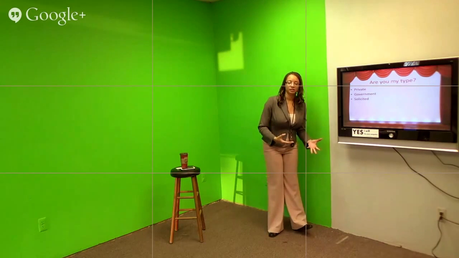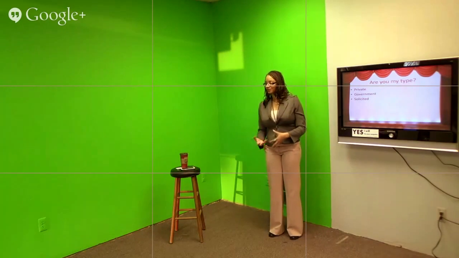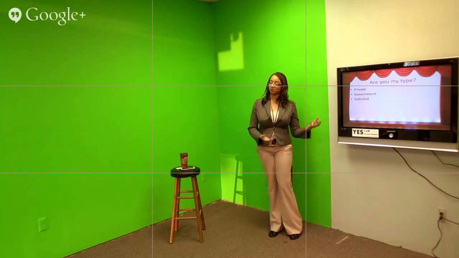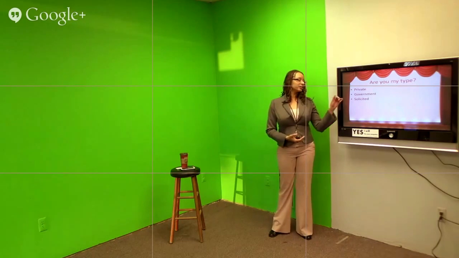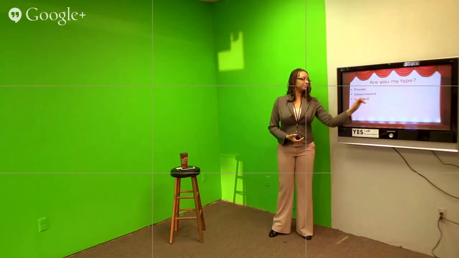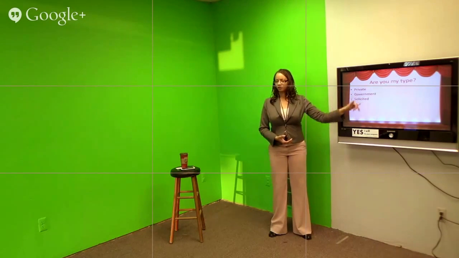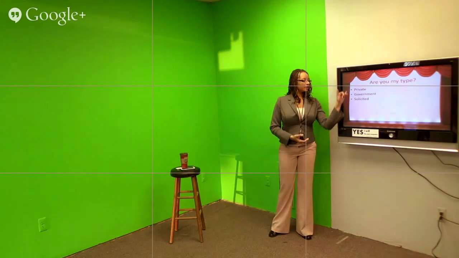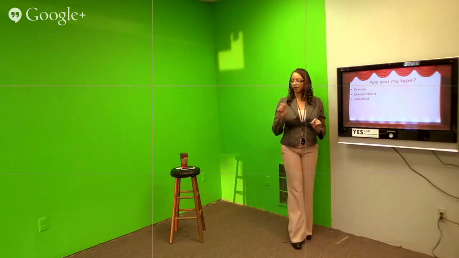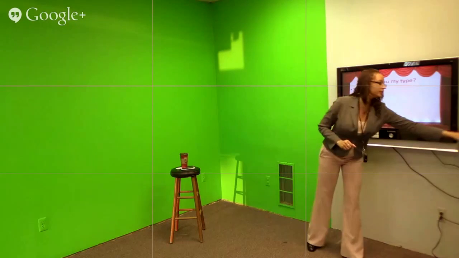The chances of you winning so many millions of dollars in the lottery is going to be a certain percentage. And some people don't like those odds. And so when you look at government grants, depending on the form of government and what you're writing for, it can be kind of like a lottery. So these two are going to be, especially for starters, a higher percentage of your ability to get them.